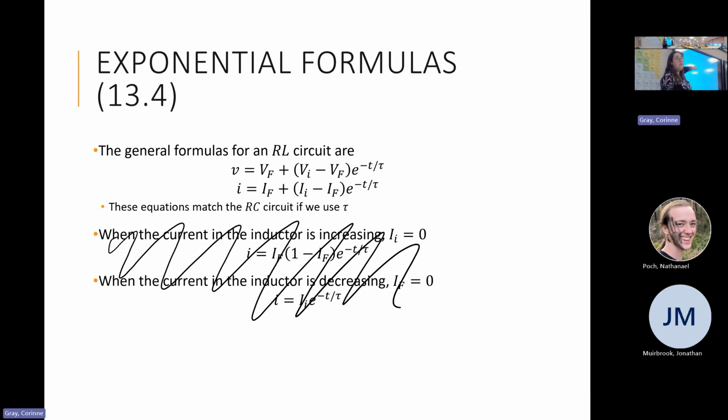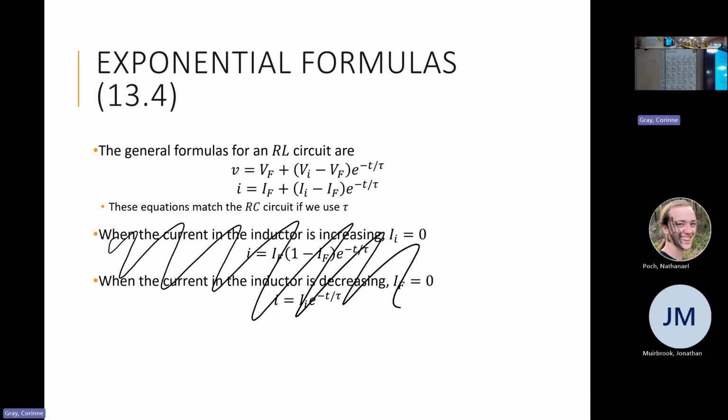These two equations look identical to those for the RC circuit if and only if we are using tau. For both of the exponential terms, we have the tau represented.